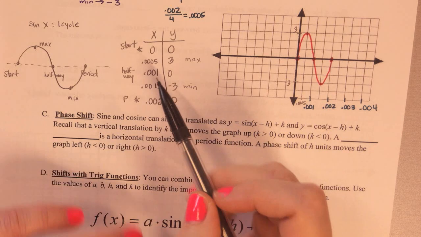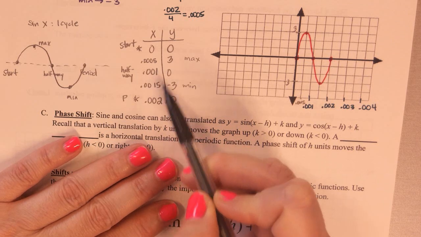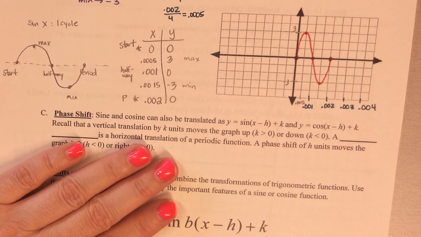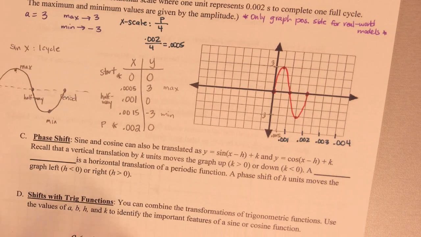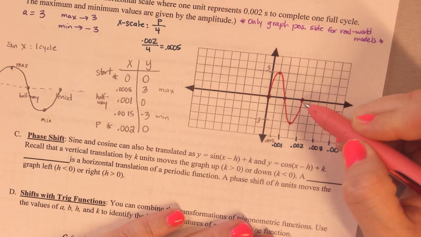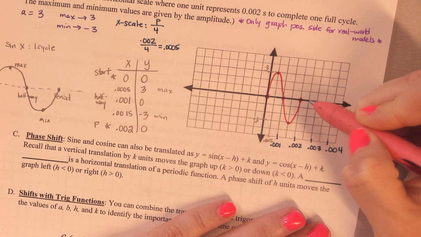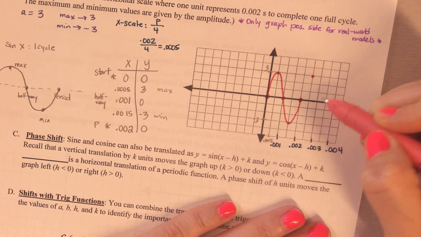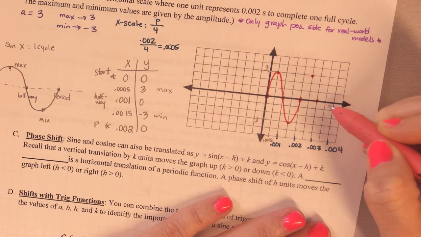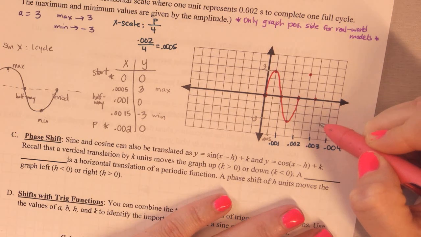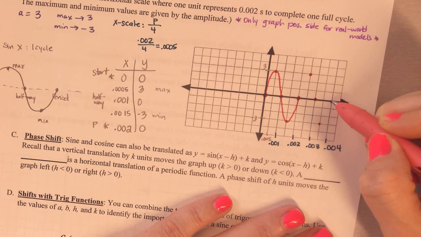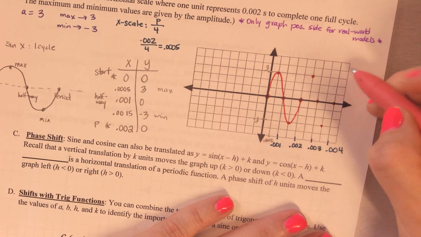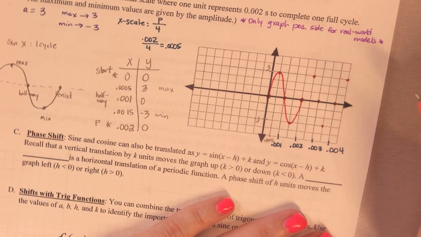Okay? Or 0.5, 1, 1.5, 2. And then you just have to keep repeating the pattern. Okay? So once you're at 0, you go over 1 to the max, over 1 to 0, over 1 to the min, over 1 to 0, okay, and then over 1 to the max again.